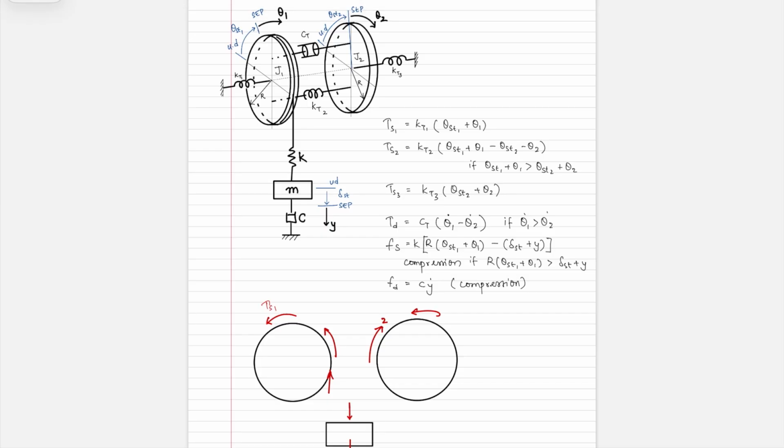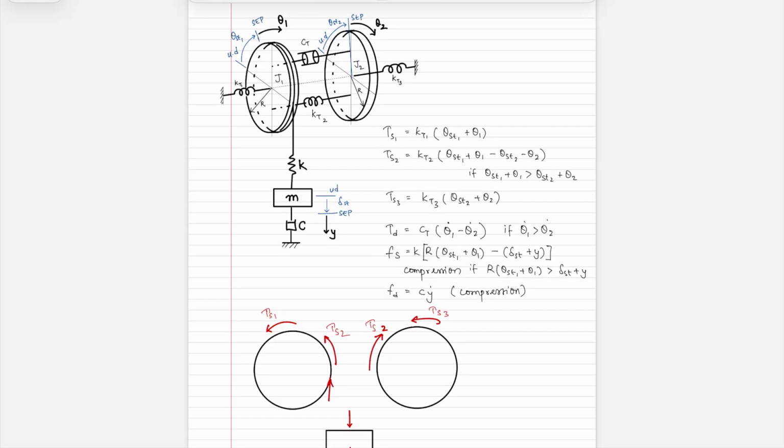Now this here is tau S2 for this consideration, and that's the reaction that I just sketched here. Now this here is tau S3. It's opposing theta st2 plus theta 2. It's tau S3.